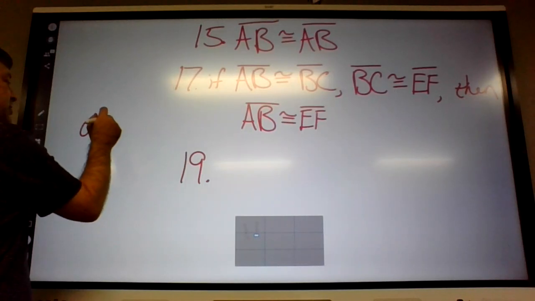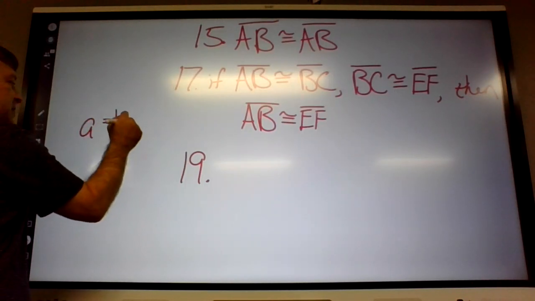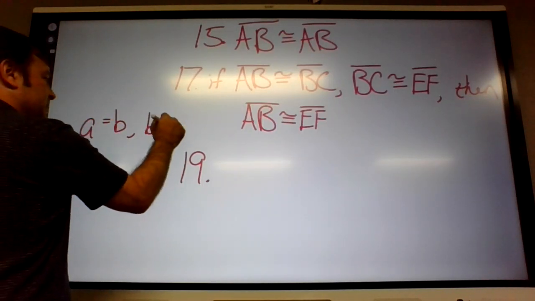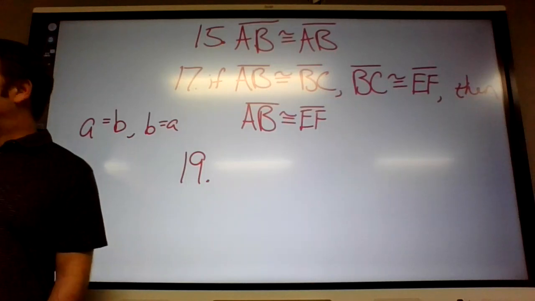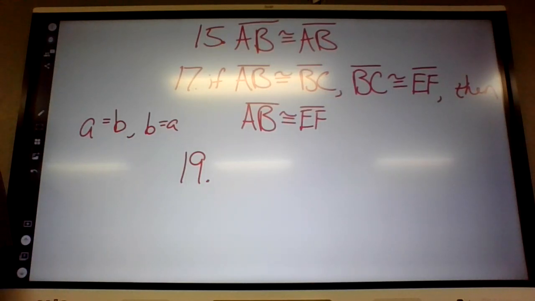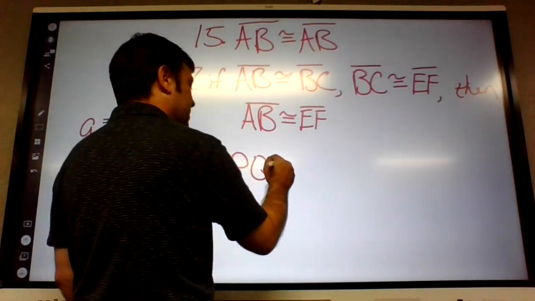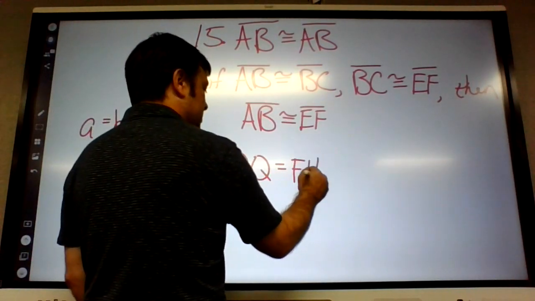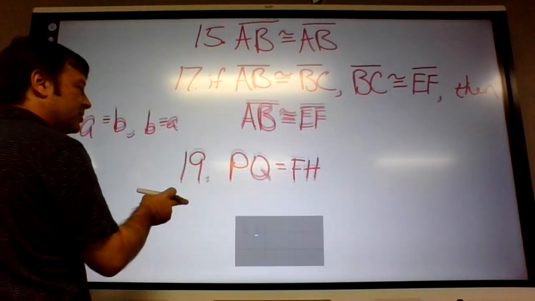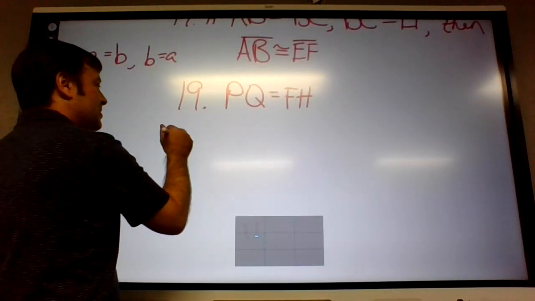The symmetric property was if A equals B, then B equals A. So if line 2 said FH equals PQ, what must line 1 have said? PQ equals FH must have been what we started with. The symmetric property just switches the order on the equals.